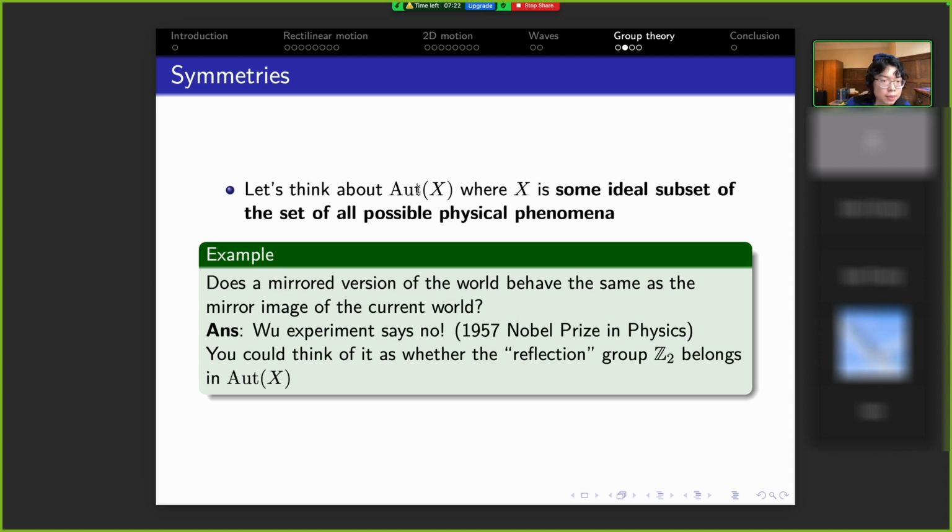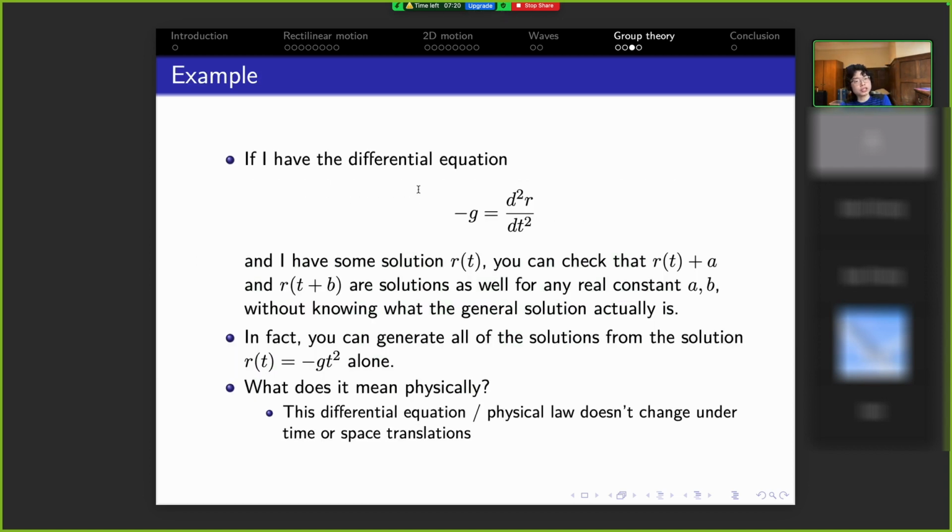Let's talk about an explicit example. If I have the differential equation minus g equals the second derivative of r, you've already seen this. You know the solutions. The solutions are going to be like minus g over 2 t squared plus a constant times t plus a constant, and I have some solution r(t). You know that if I translate the entire solution upwards, or if I translate the time variable backwards, it's still going to be a solution.